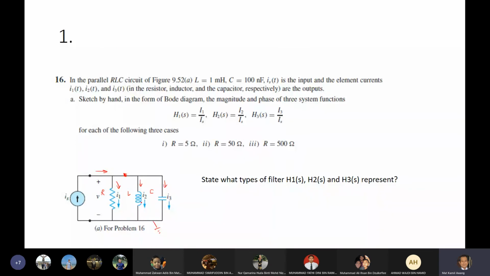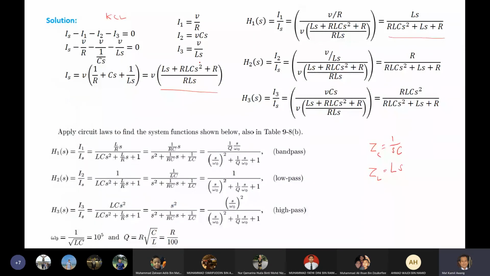I2 is this inductor. That is wrong, so this is actually I3 and this is I2. So I2 is this, and I3 is this.